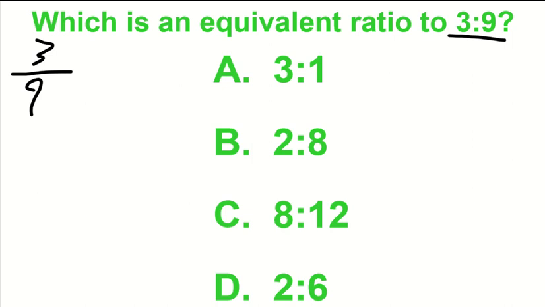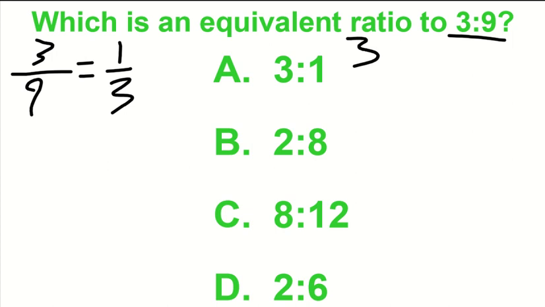If you do it on the calculator, you just put it in with the fraction button, hit enter, and it simplifies it automatically for you. Otherwise, what goes into both 3 and 9? 3. So if we divide each of those by 3, we get 1/3 or 1 to 3. So what we're looking for is the answer choice that does the same thing.